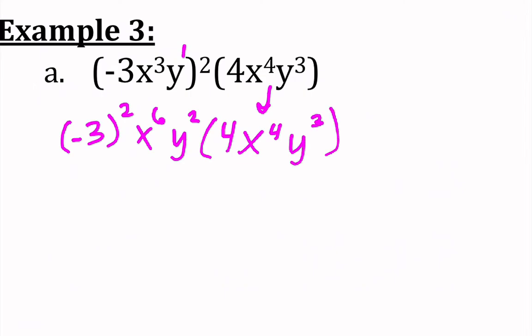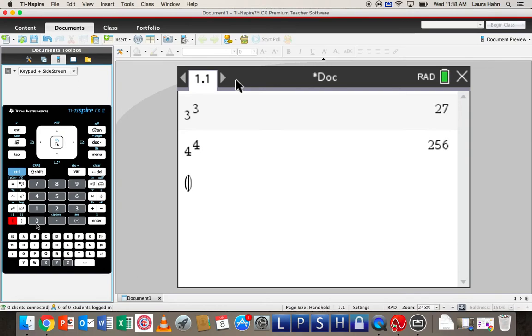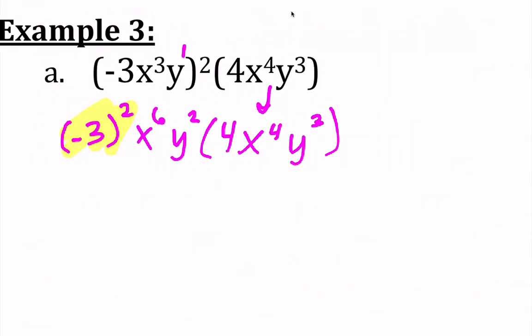Okay, now I'm going to simplify this guy right here. So I'm going to type that into my calculator. Negative 3 in parentheses squared is a positive 9. And then I'm going to drop everything else down.